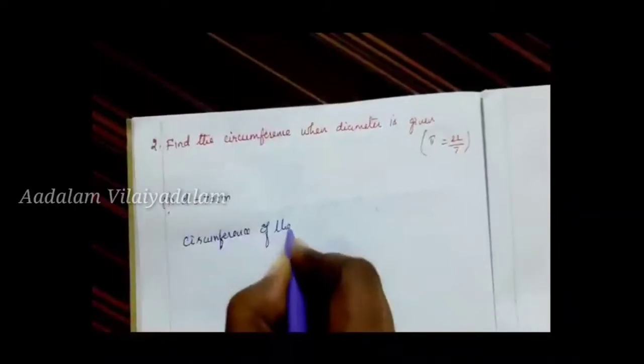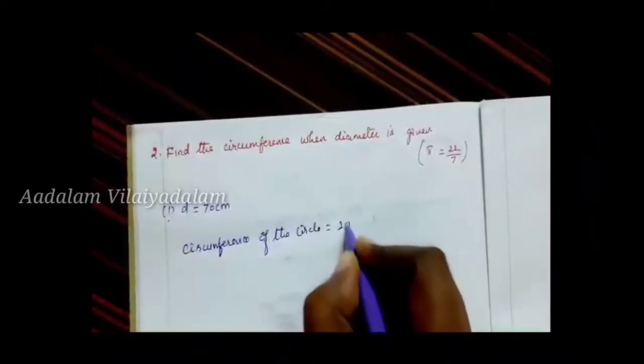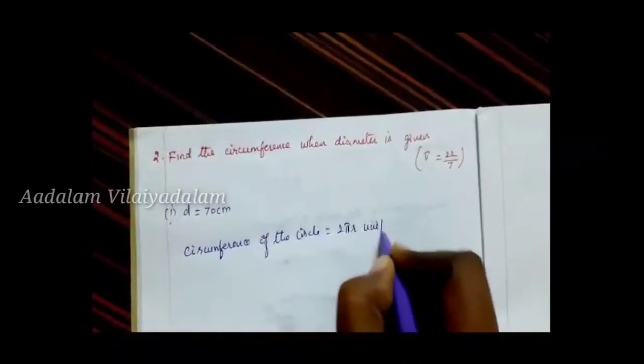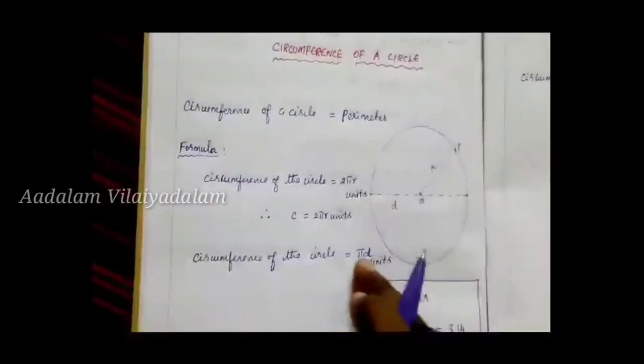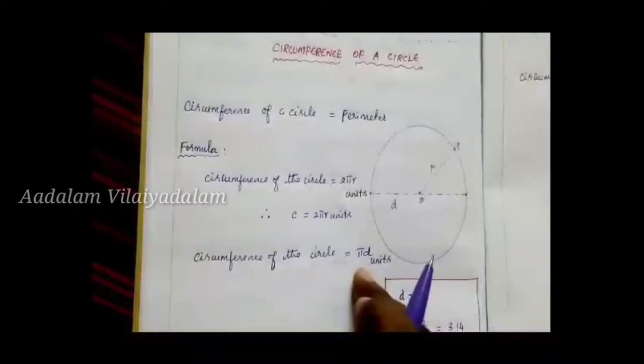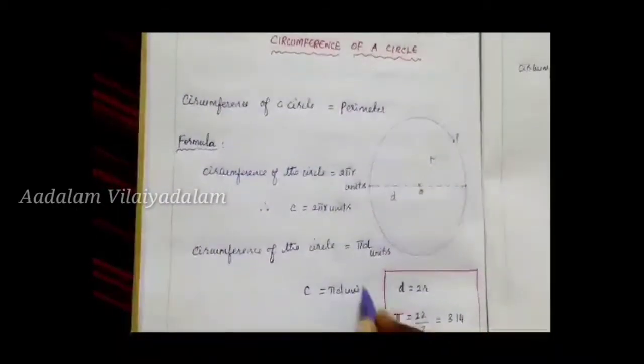We know the formula, circumference of the circle is equal to 2 pi r units, isn't it? So one more formula we have studied, that is circumference of the circle C is pi d units. This we could use when diameter is given.